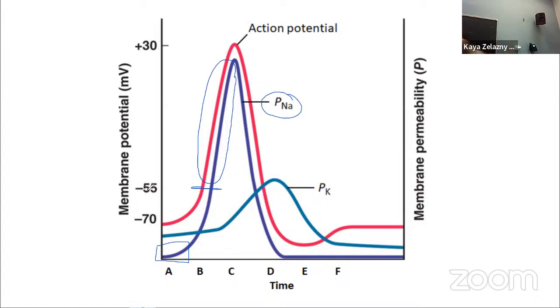So probably one voltage gated sodium channel senses that first, it lets in a couple charges, then its neighboring voltage gated sodium channels get to those charges, they open as well. So we're opening more and more channels, raising the permeability of the membrane to sodium by an awful lot as we depolarize, right?